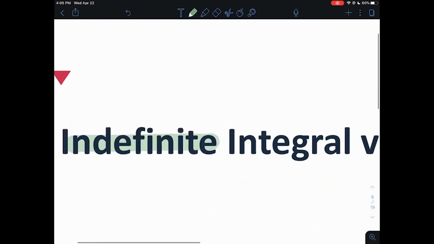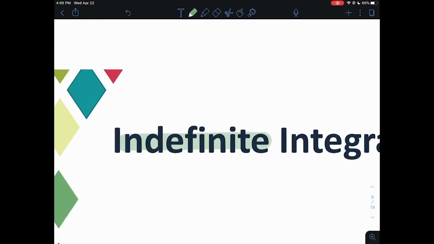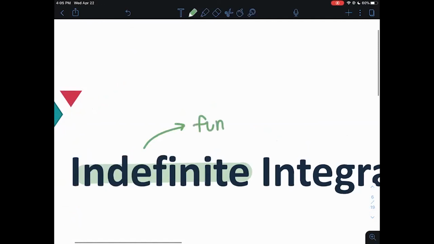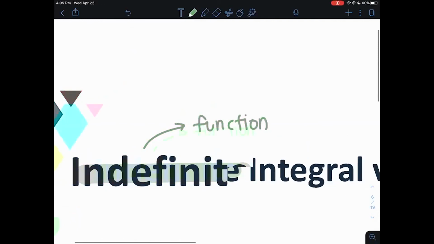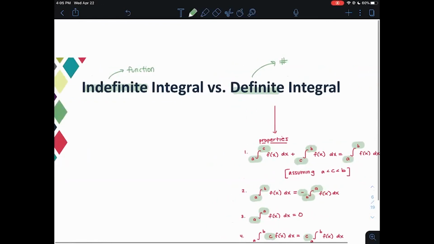And since there are no bounds, we are not able to fixate in and just look at one particular section of a function between a function and the x-axis. We don't have the left and right bounds. We can't focus in on one particular section. We can't end up with an actual number. So an indefinite integral is a function or a family of functions. We cannot start with an indefinite integral and end with a number.